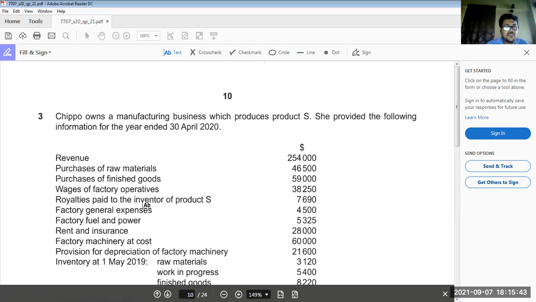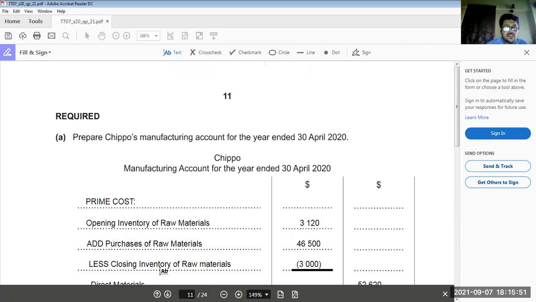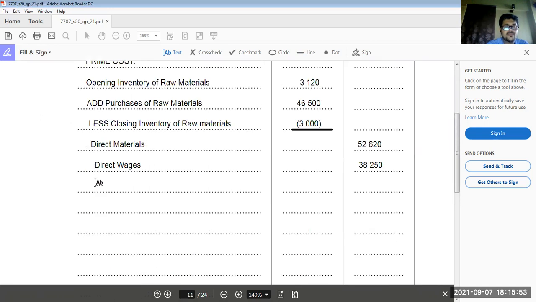Yes, the royalties paid, 7,690. Royalties, that is 7,690. And we get the total over here. Prime cost is how much?